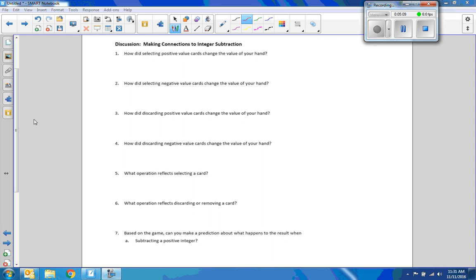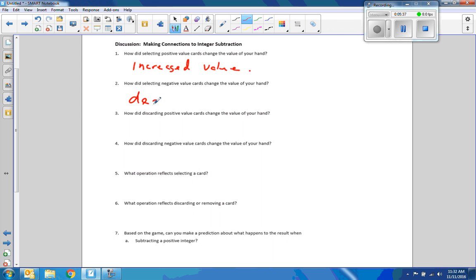Okay, now that you've finished the game, you have a discussion about this, making connections to integer subtraction. Question 1, how did selecting positive value cards change the value of your hand? Selecting positive value cards increased the value. How did selecting negative value cards change the value of your hand?